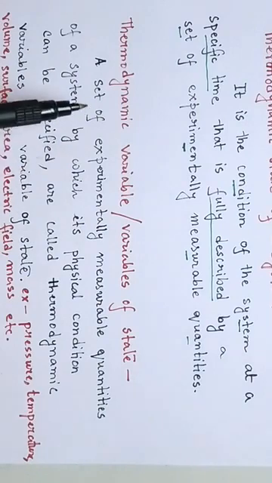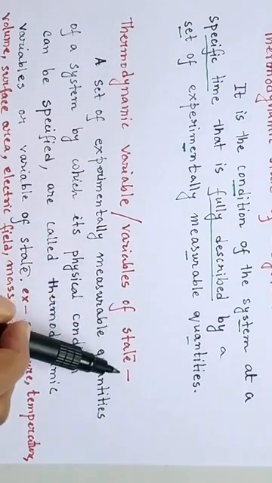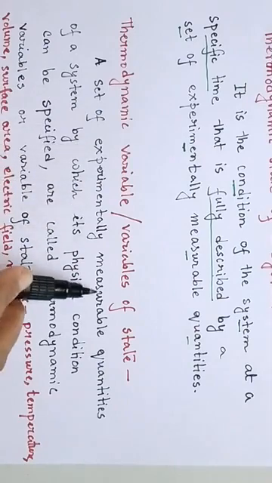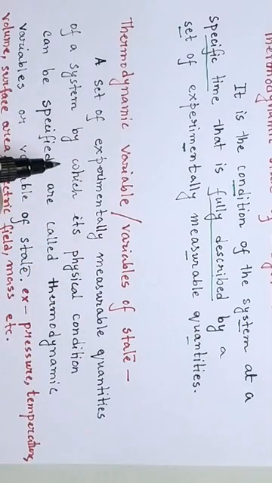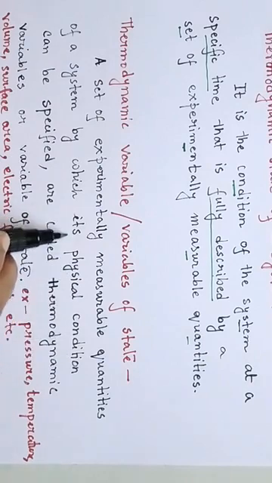So we can define the thermodynamic variables or variables of state in the following way: they are the set of experimentally measurable quantities of a system by which the system's physical condition can be specified.